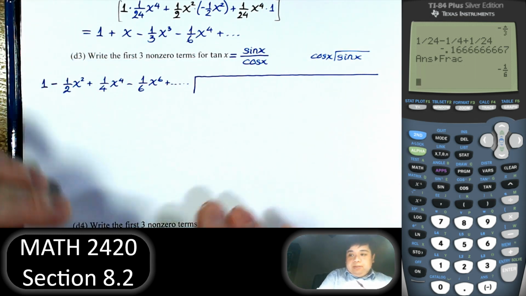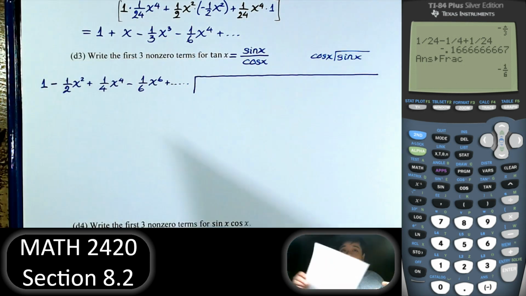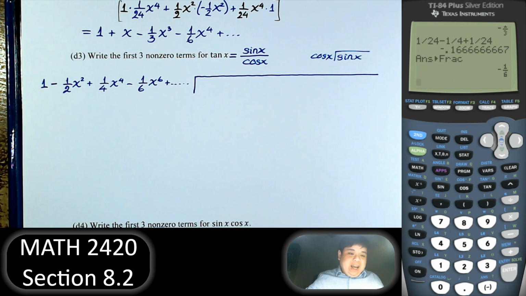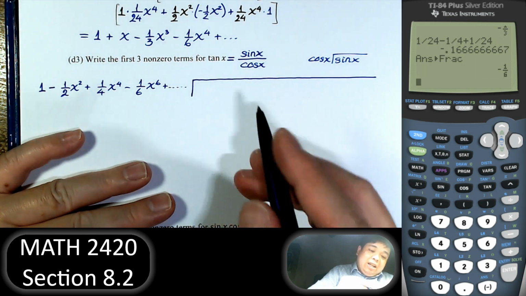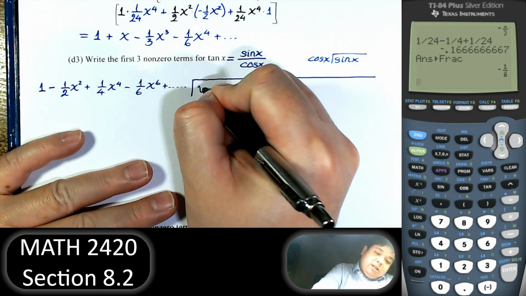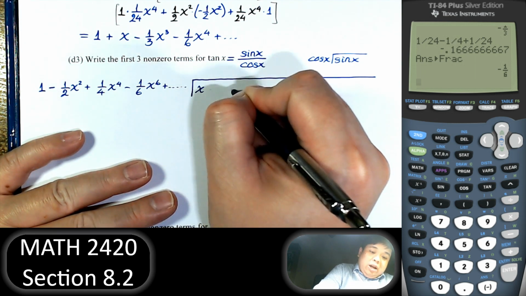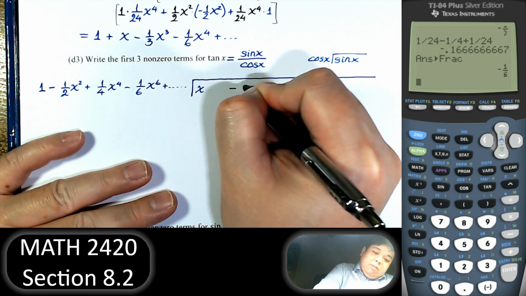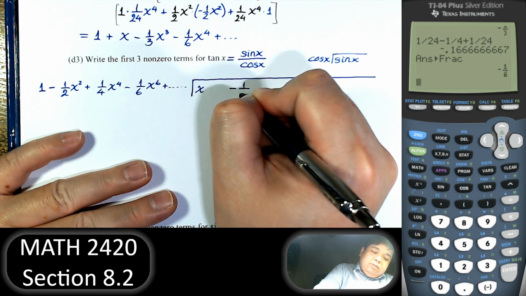Now into sine. Notice that we have to leave some space as a placeholder. Sine x is an odd function: x, then some space because there's no x squared there, minus 1 over 3 factorial.